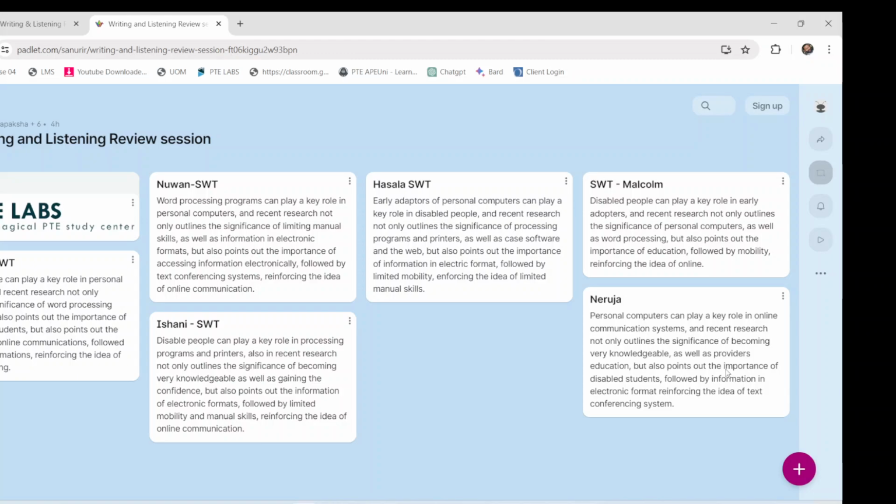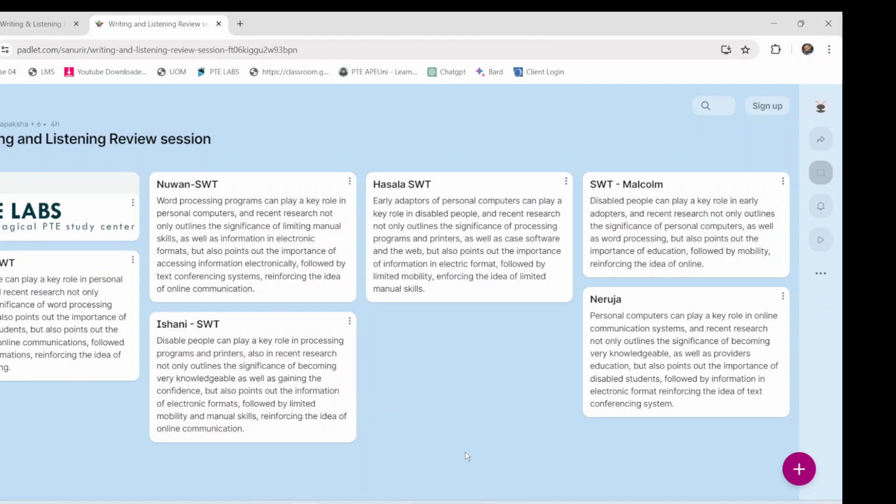See, remove these parts, but also points out the importance of information in electronic format. Information in electronic formats, so you can keep this plural, followed by limited mobility. Enforcing, not enforcing, should be reinforcing the idea of limited manual skills.